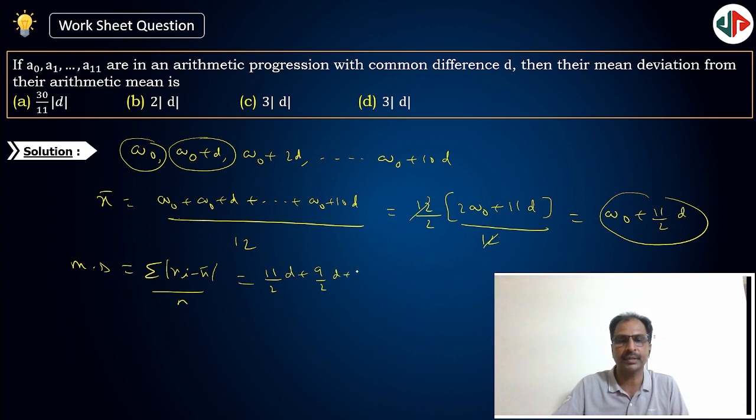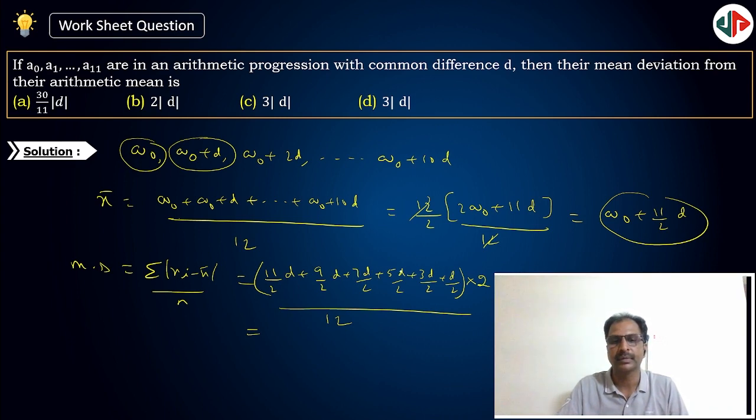Like that, if you go on subtracting, you get 7d/2, 5d/2, 3d/2, d/2. Again d/2, 3d/2, 5d/2 gets repeated up to 11d/2. So you will get 2 times this, by the number of observations, 12. If you simplify this, you get 36d by 12 with modulus, so 3 times |d|. Option C.